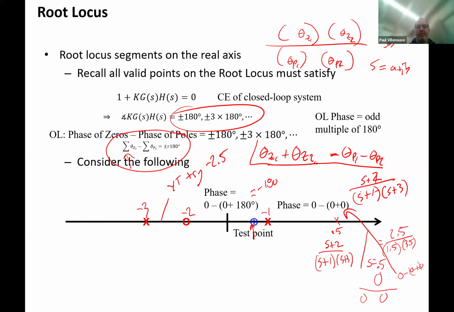Why isn't it working anymore? That's your open loop transfer function you're going to use. You've got to check, use that open loop transfer function. This one right here. Let's try it.